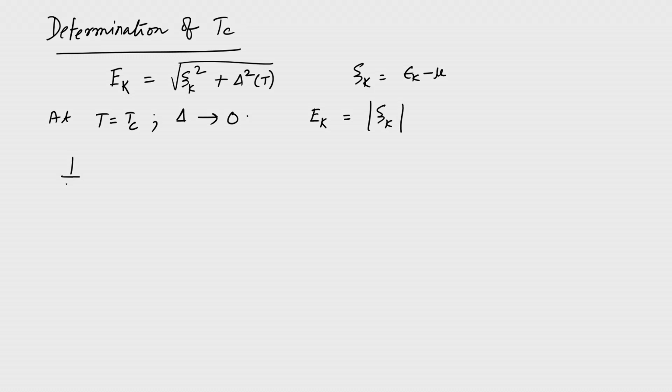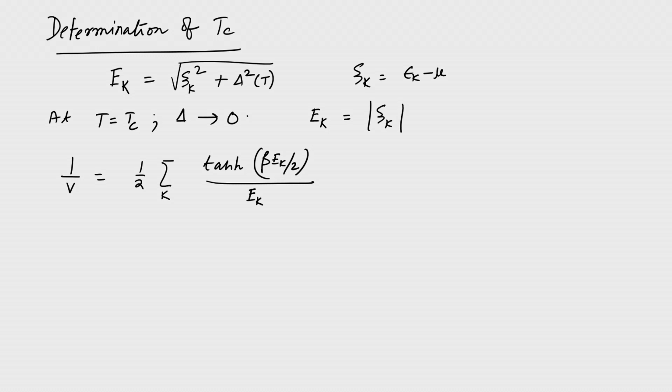The gap equation was simply 1 equals V over 2, sum over k, tan hyperbolic beta Ek over 2 divided by Ek. And so, this is the gap equation. So, what is V?